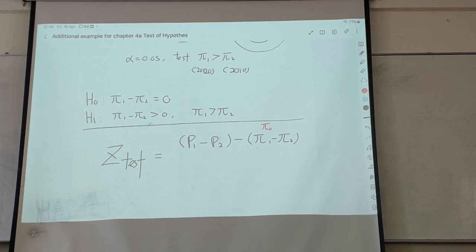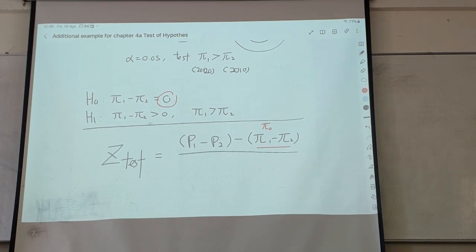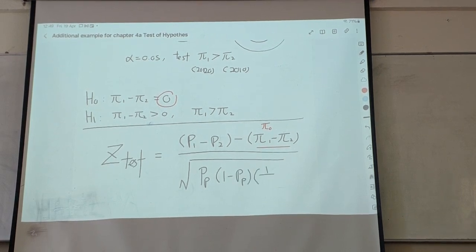Okay, so in this case it is equal to 0, divided by the square root of pp times 1 minus p, then times 1 over n1 plus 1 over n2.